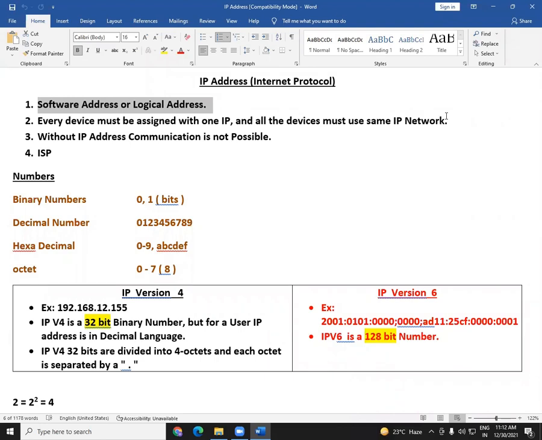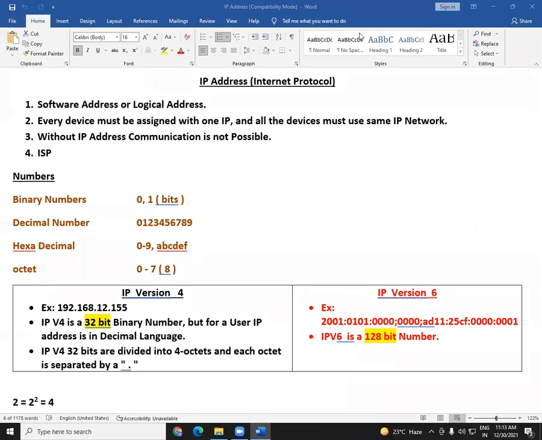Maybe there are 20 devices in a company, maybe 200 devices, or even 20,000 devices. If there are devices connected with each other, that is a network. In that network, every device must have one IP address. We must configure an IP address on each and every device.